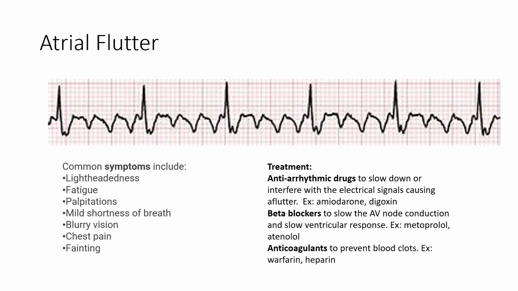And then anticoagulants. A flutter has a risk of clotting, not as high as a fib, but think about this. If our atrium are fluttering or they are contracting quickly, some of that blood, again, is not filling up and having a big squeeze.